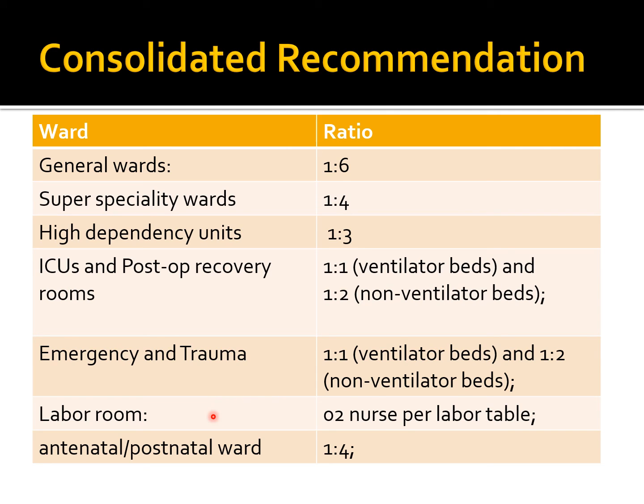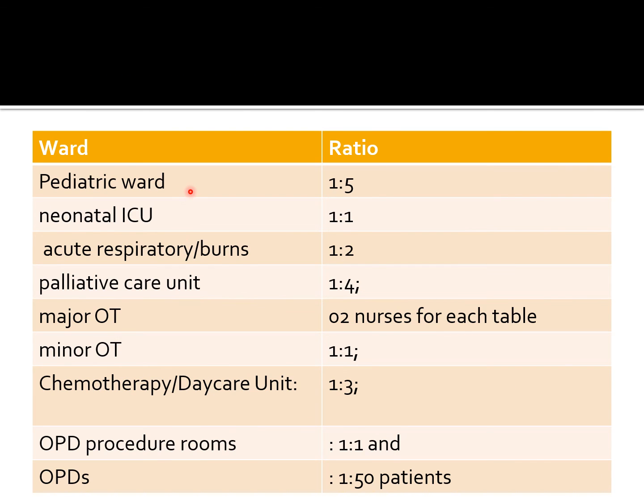In labor room, there must be 2 nurses available for 1 table. In antenatal or postnatal ward, there must be 1 staff nurse to care for 4 patients. In pediatric ward, 1:5. Neonatal ICU, there must be 1:1 nurse patient ratio. In acute respiratory or burns unit, 1:2.